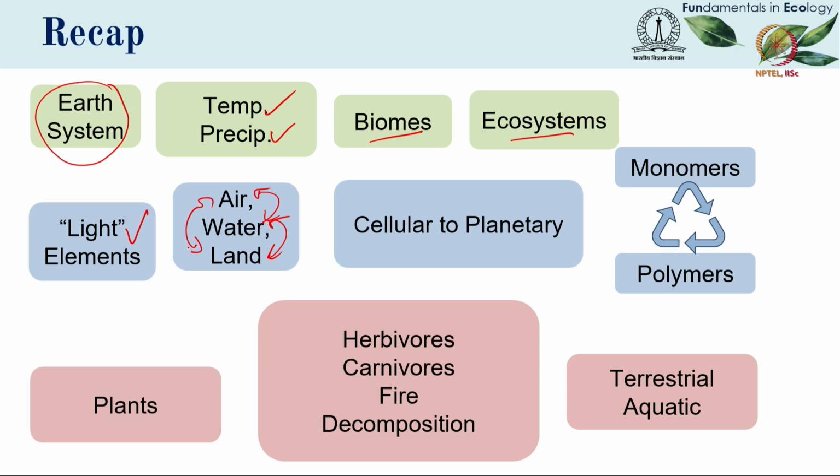Chemical reactions involving life, either at the cellular level or aggregated across the planetary level, essentially are conversions of air molecules into living beings and then decomposition back into air. This is the cycle where building blocks or monomers are converted to polymers and things are constantly recycled over and over again. So plants are the ones who get this started.